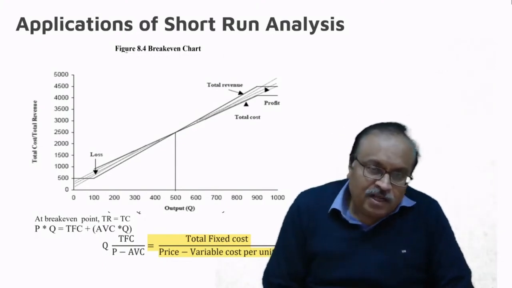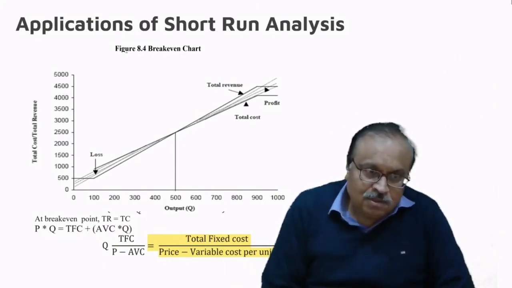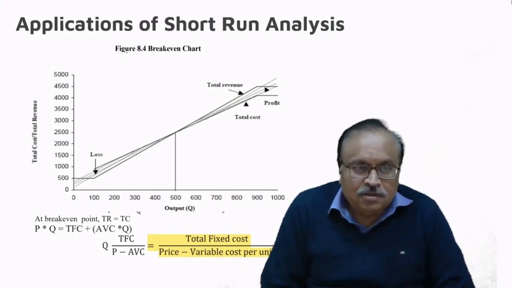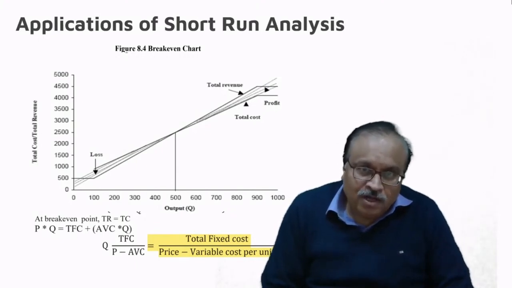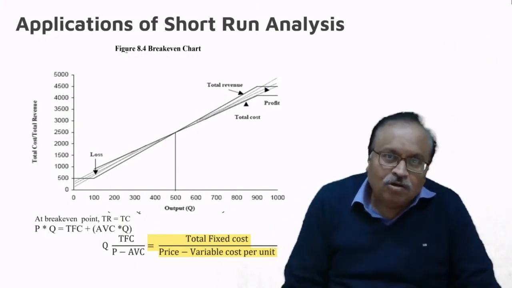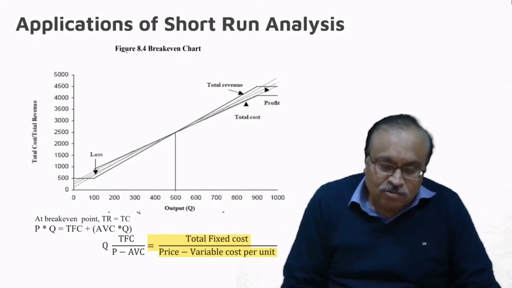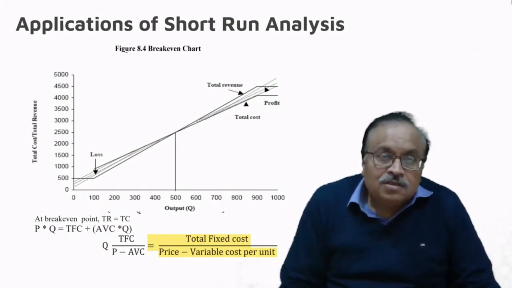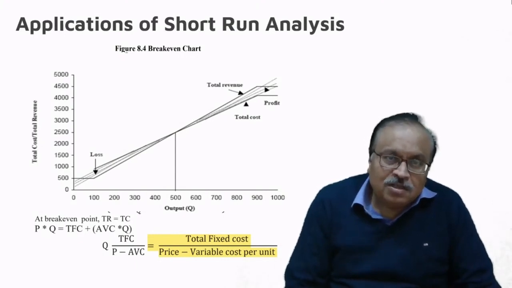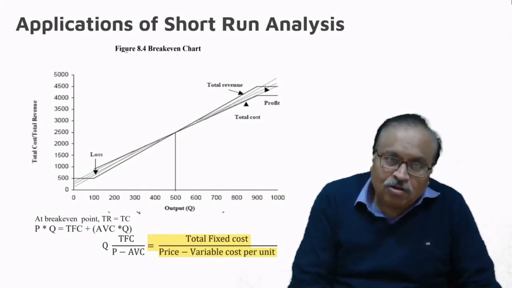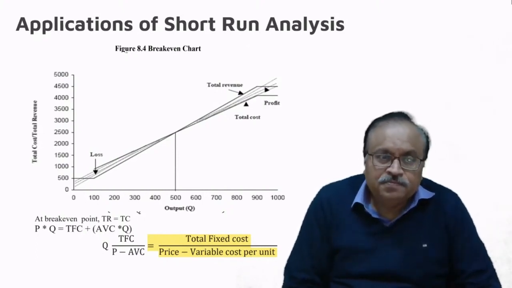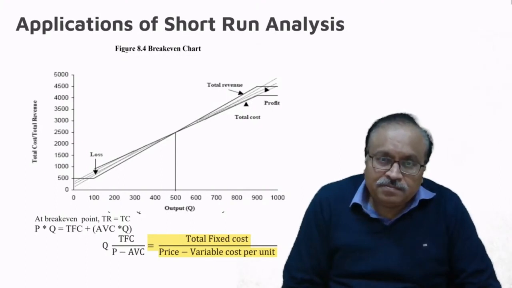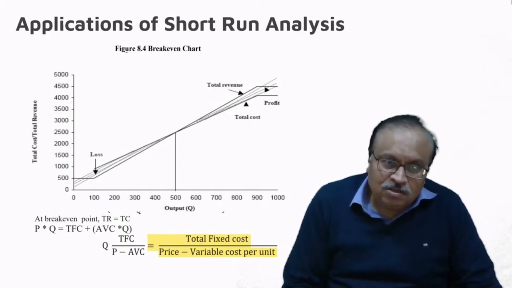So the break-even chart, as we were discussing on 30th of December, is the point where a firm's revenue surpasses the cost incurred. The point at which it crosses is known as the break-even point. If you look at the graph shown here, initially there is a loss, up to the point of 500 output.